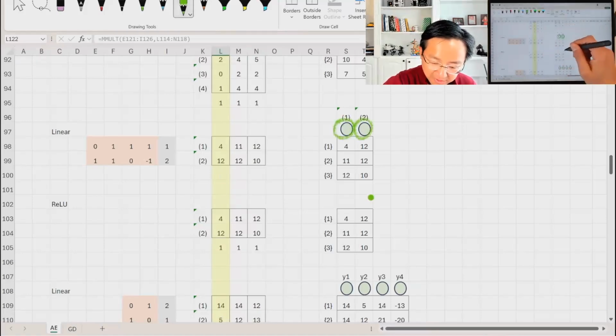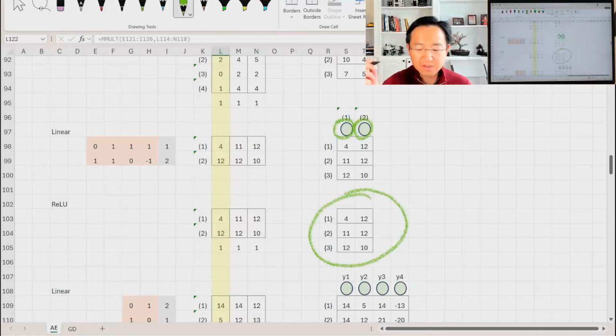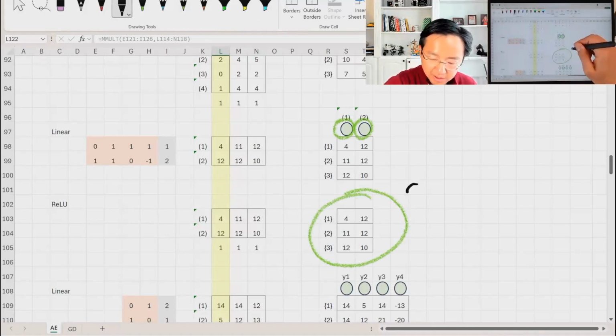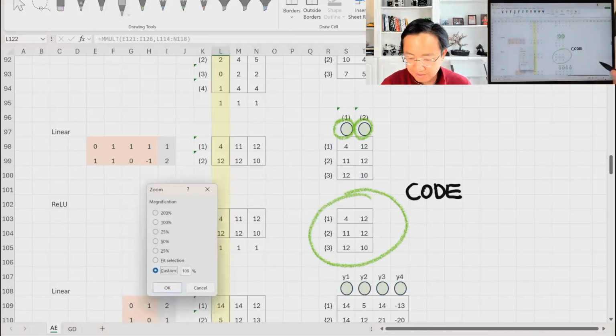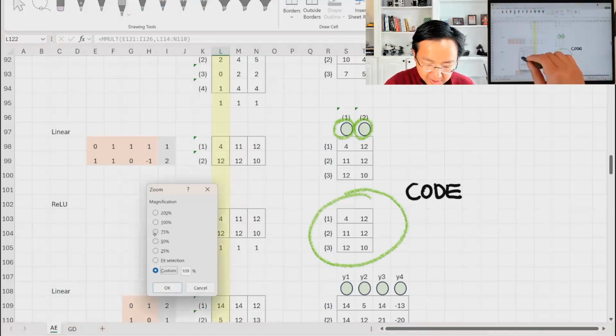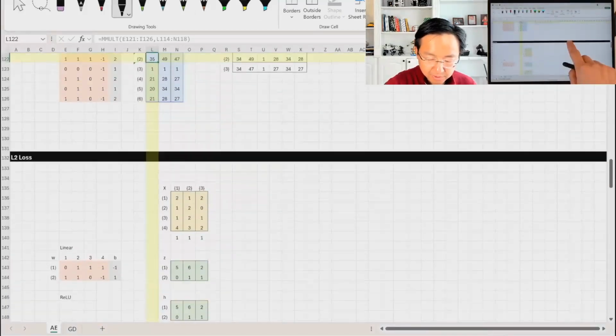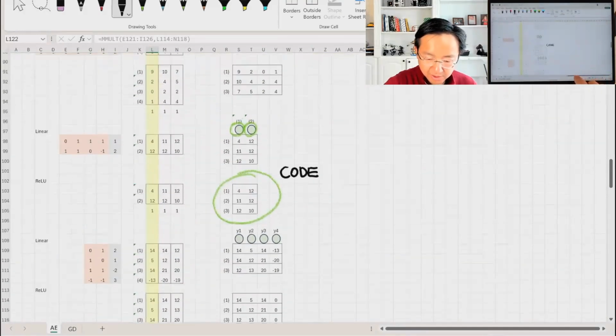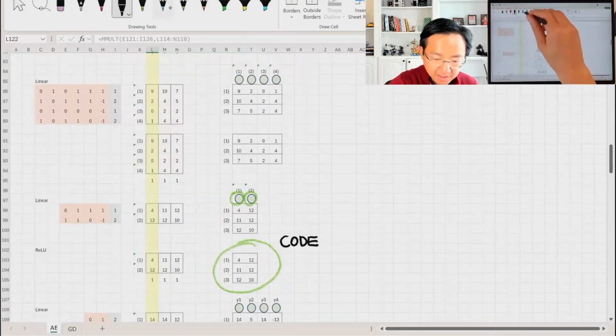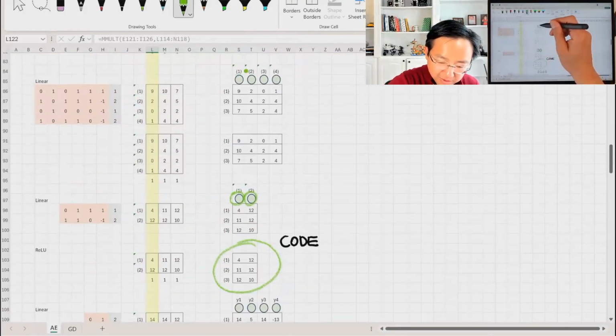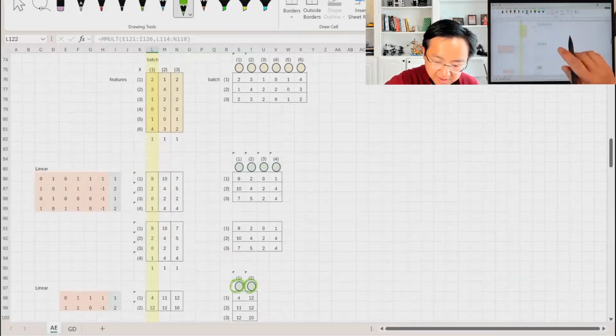This is my code. Let's say this is after the ReLU activation function, which is the output of this node. And so this is my code. Let's zoom out a little bit so we can see everything together. So let's say 75%, so I'll be able to see the whole thing. And now we'll draw my encoder.